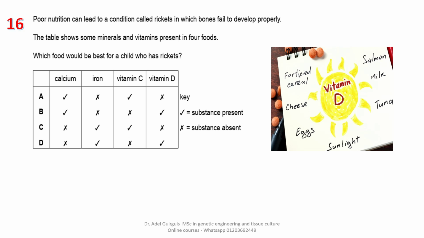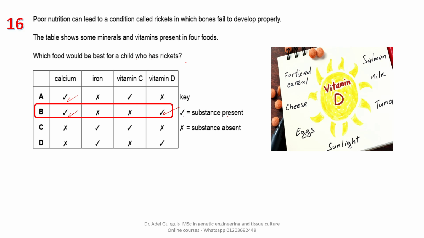Exposure to sunlight changes the inactive form of vitamin D into active vitamin D that helps absorption of calcium from his gut, his intestine. So which food would be best for a child who has rickets? Calcium. So the answer A and B, or B. Vitamin D is needed, so foodstuff B helps the child with rickets.